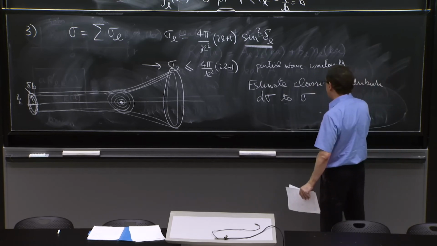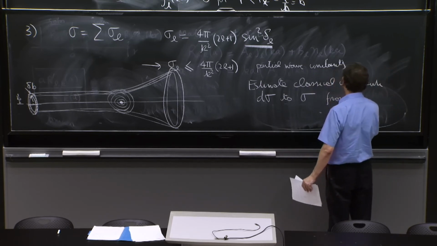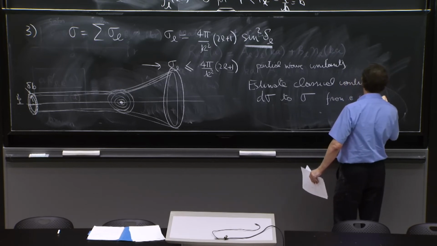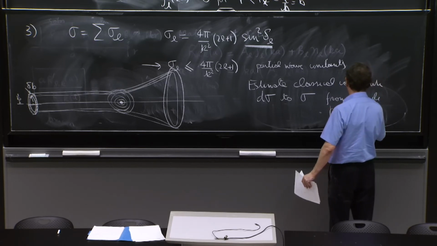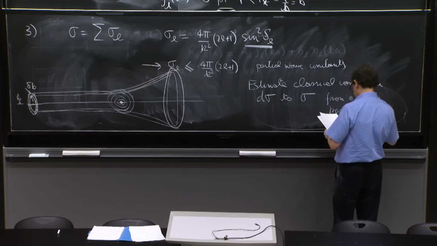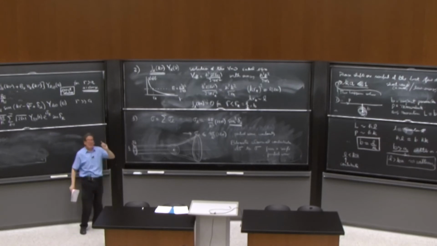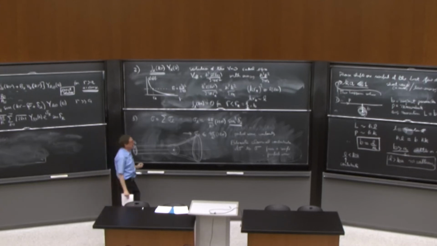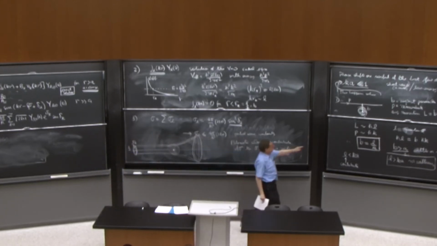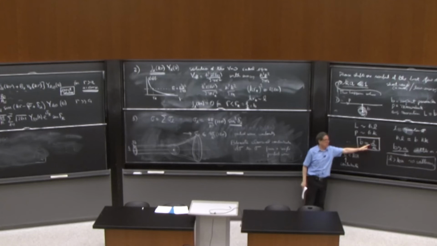from a single partial wave. If I consider a partial wave with some value of L, think of a partial wave with a fixed value of L, then I have fixed the impact parameter. If I change L by 1 unit, the impact parameter changes a little bit.